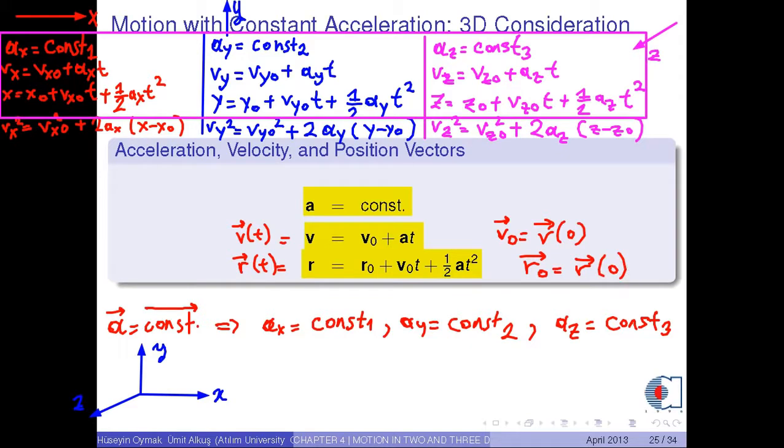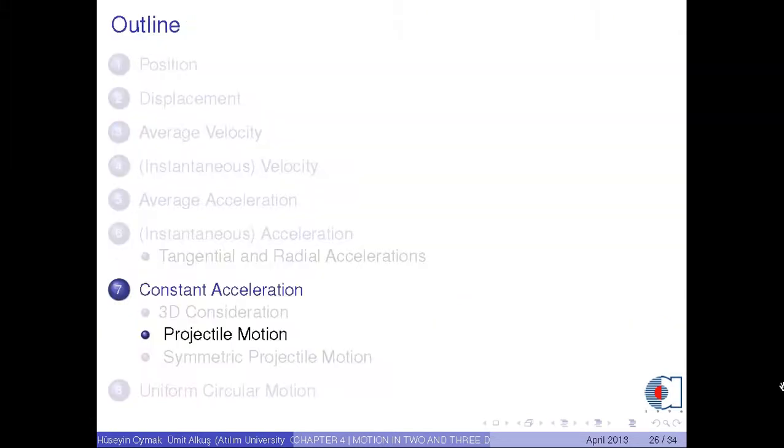Okay, this is the end of the discussion of motion with constant acceleration in three-dimensional space. The next topic is projectile motion, that is, motion with constant acceleration in a plane, that is, in two-dimensional space.